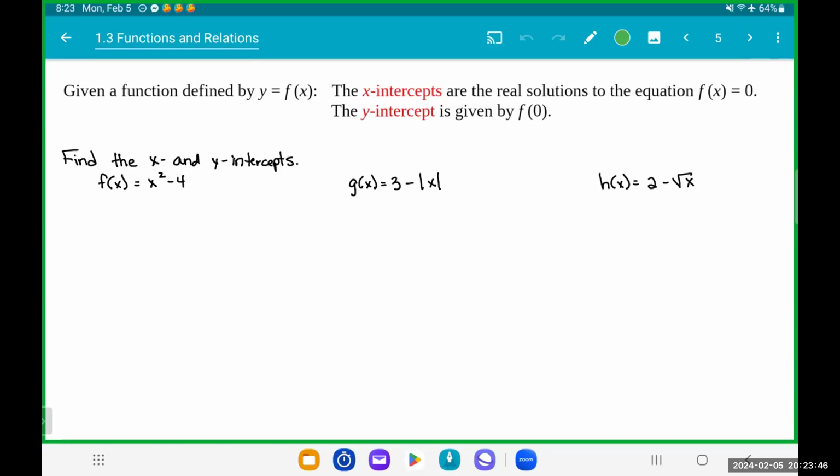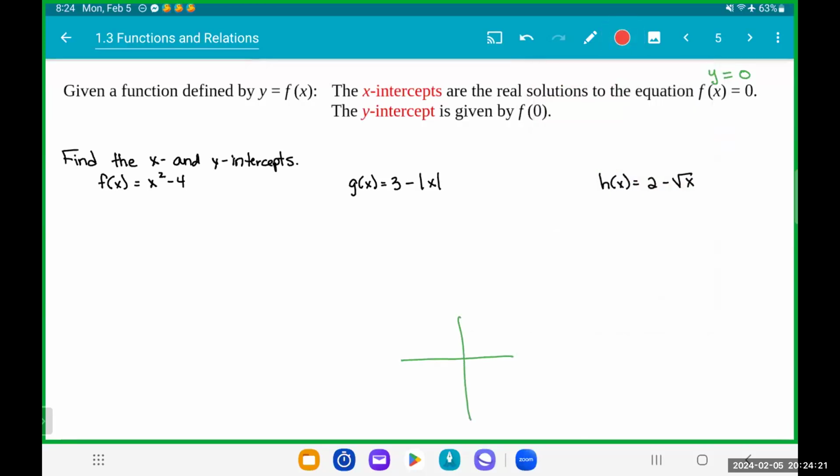All right, so if you want to determine the x and y intercepts of a function, for the x-intercept, you set your function equal to 0. That's where it's going to cross the x-axis. When y equals 0, I'm crossing the x-axis. Let's look at it graphically.